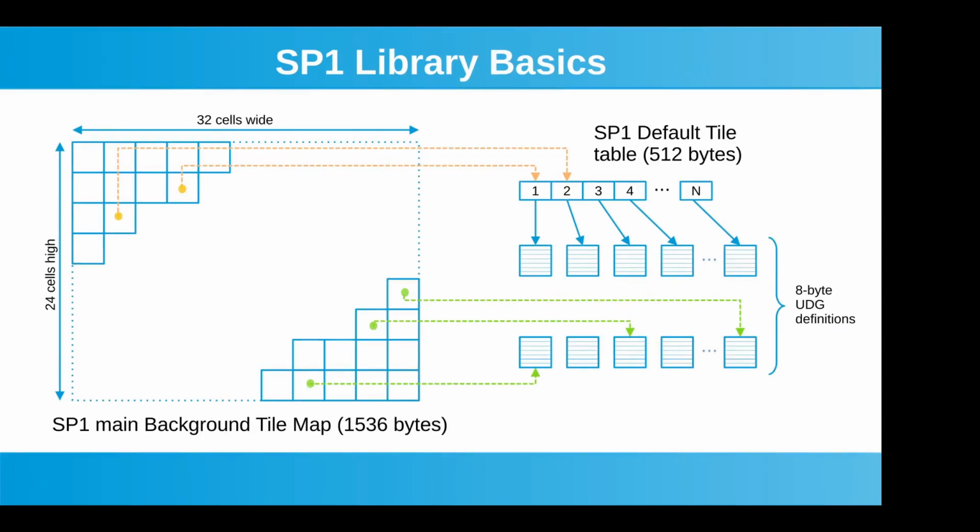SP1 uses the equivalent of UDG definitions, 8 bytes, for all the cells in the screen to draw the screen when it needs to. It keeps a global tile map with a position for each of the screen cells, and it holds a 16-bit identifier for each of the cells.